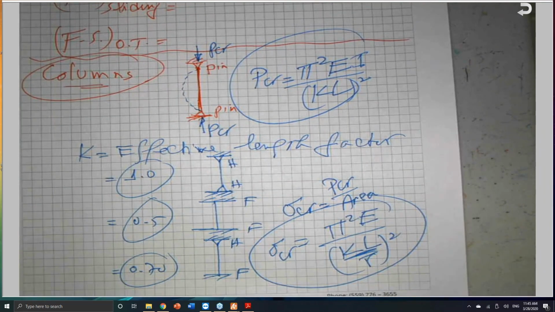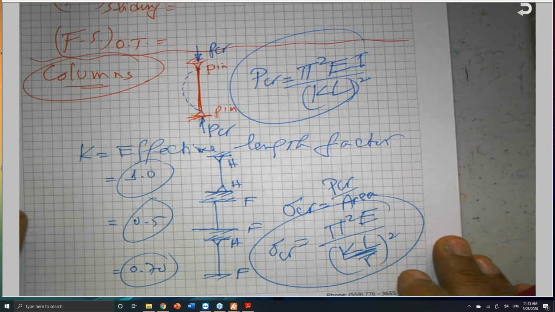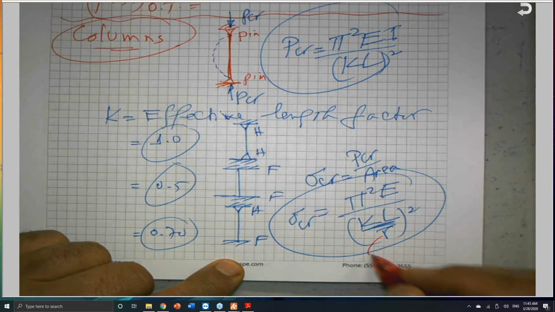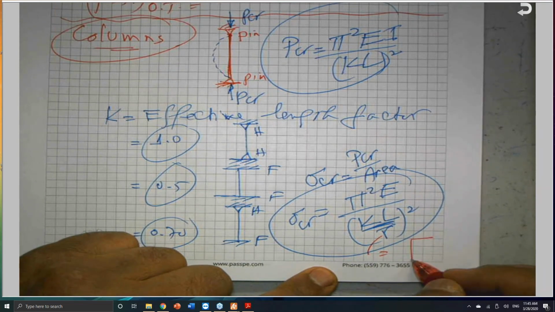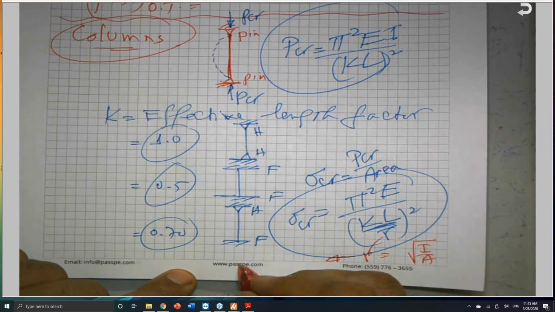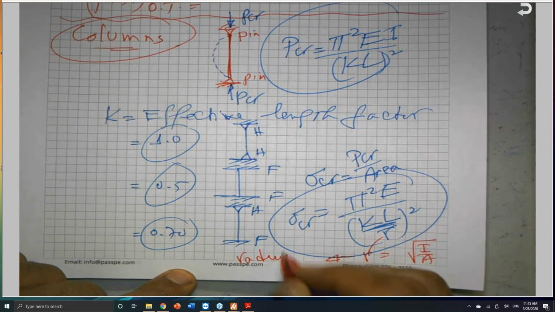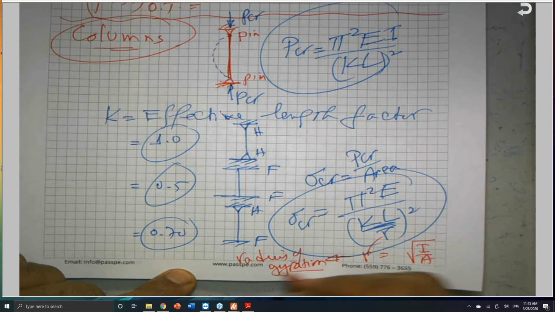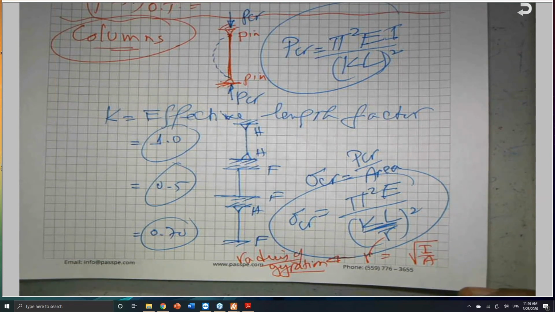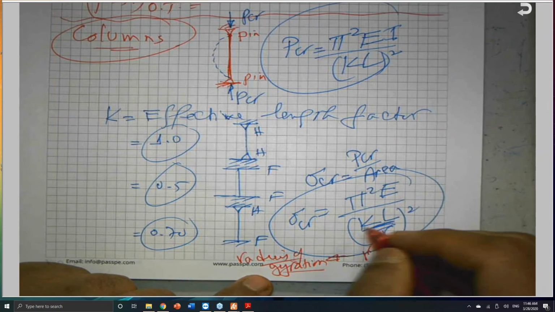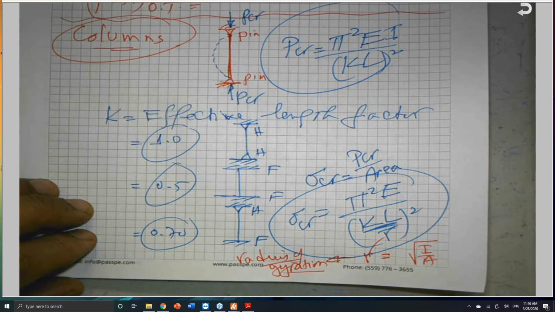Again, R here is not the radius; R is called the radius of gyration, which is the square root of I over A. K is still the same and L is still the unsupported length.